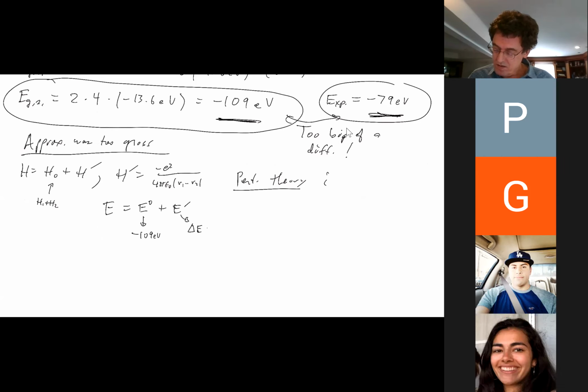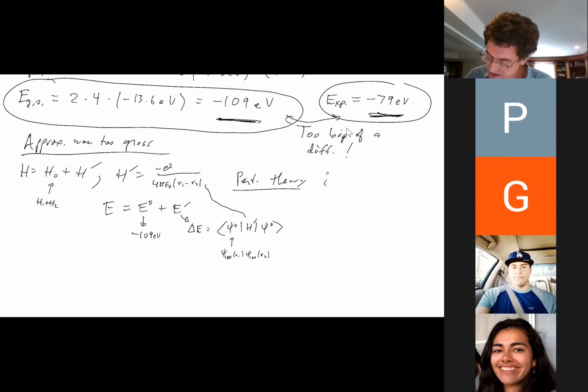Take the expectation value of H prime with respect to our basis from the previous calculations. Exactly. And this is just going to be our psi 100 R1, psi 100 R2. Yeah, that's what you do.